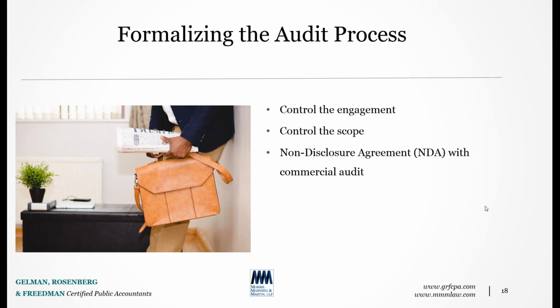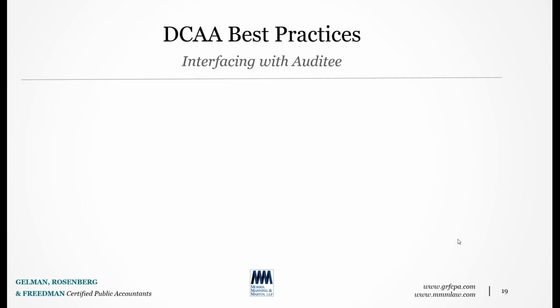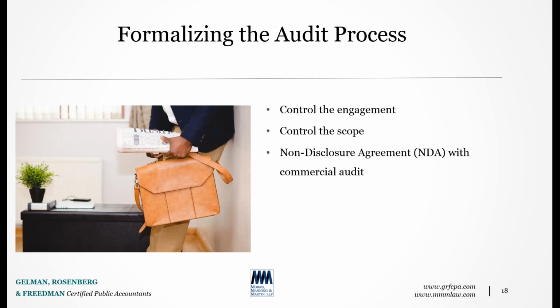Well, that wasn't going to fly for us. If we had problems with the auditor's handling of our sensitive data or with release of sensitive data, we'd be left with having to go back to the agency and sue them to get any relief from their subcontractor, the large accounting firm. So we insisted and got a direct NDA with the accounting firm. This is just part of what we call, again, formalizing the audit process.